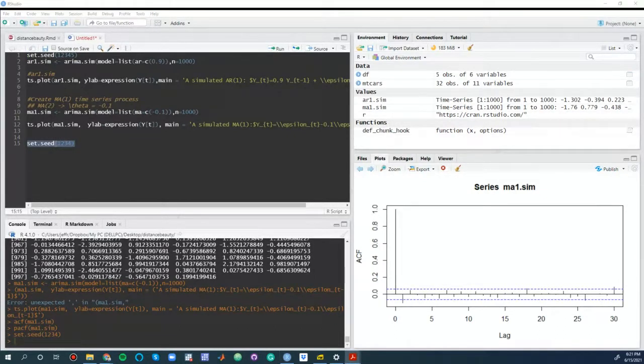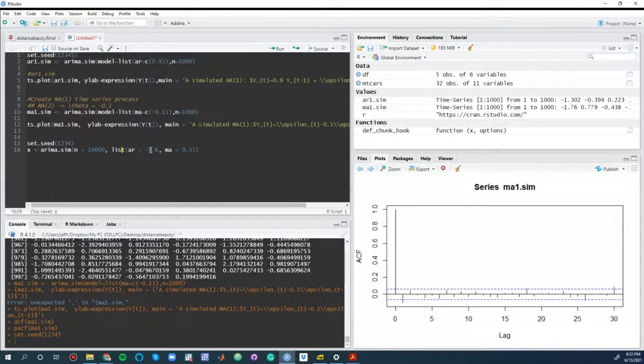Then just using our ARIMA simulation function in R. Now, if I want to take a look at 10,000 observations, you need to tell the simulation function how many observations you would like, and the coefficients you want to specify.